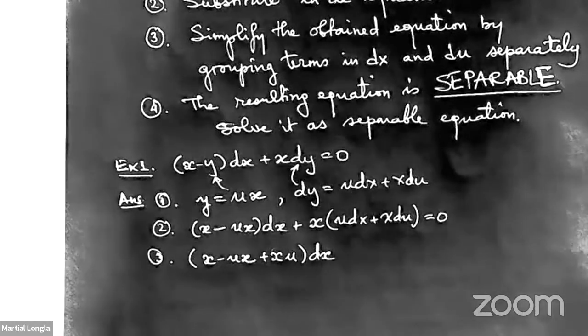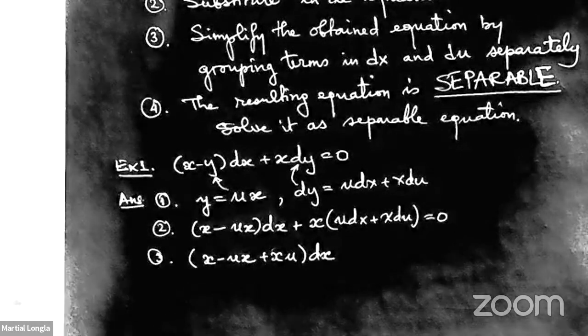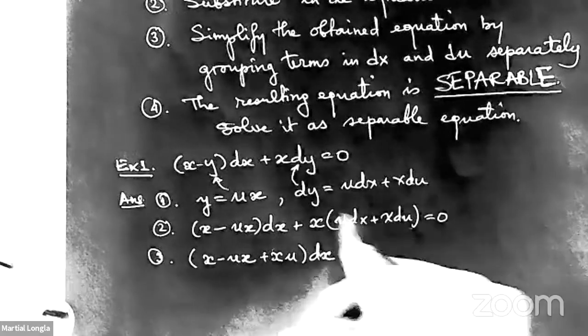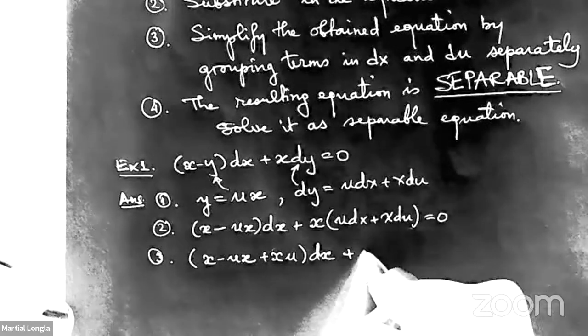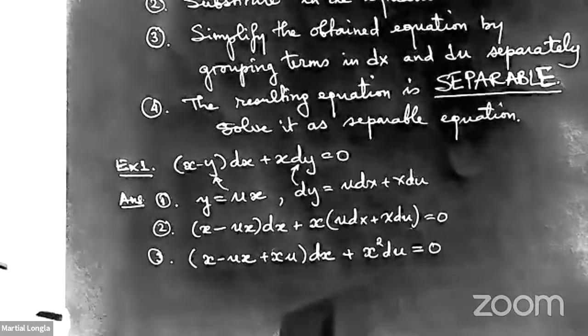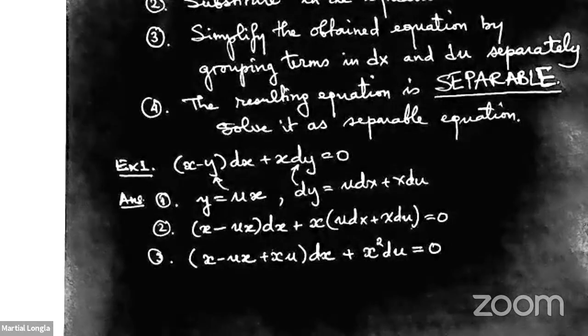That's everything that has dx. Then I take everything that has du. There's only one term, x times x, x squared du, equals 0. That's step 3.